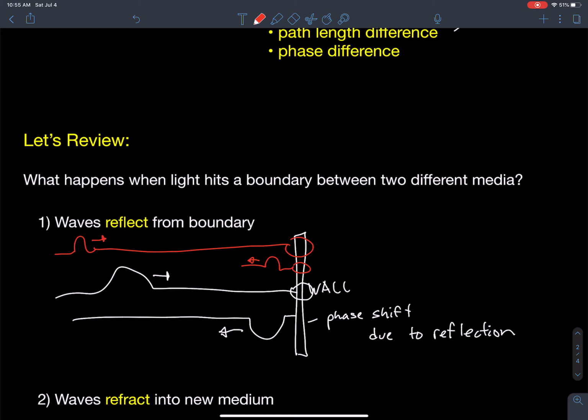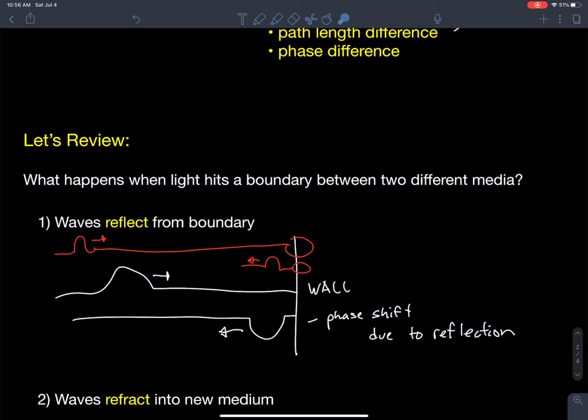So we're reviewing what happens when waves reflect from boundaries. When waves reflect from boundaries, they can undergo a phase shift if they're hitting a very dense medium. If I said that it's actually attached to the wall, when that wave pulse would hit the wall, it would reflect with a phase shift. On the other hand, if the wave is coming into a very loose boundary, it would reflect without a phase shift.